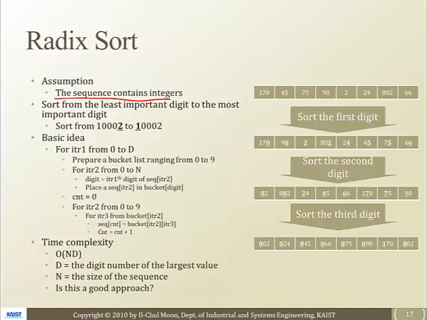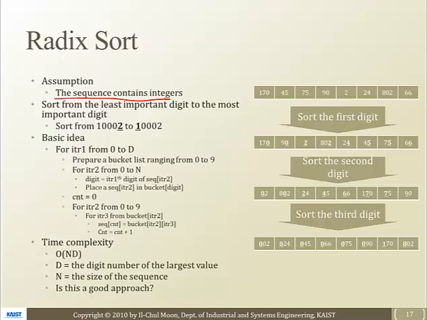Previously, the counting sort made one more assumption here. That assumption was what? The range assumption, from 0 to k, right? However, that assumption is removed in this Radix sort.